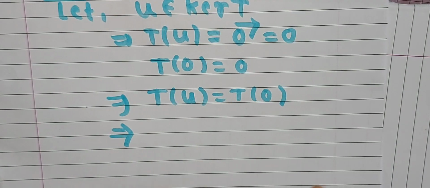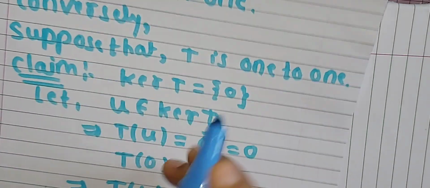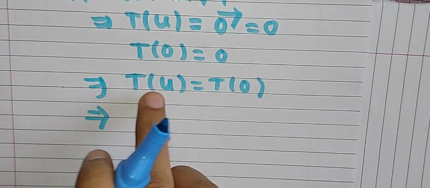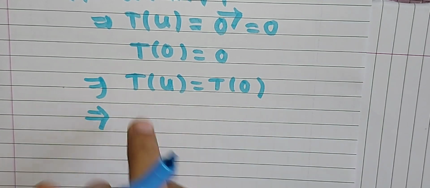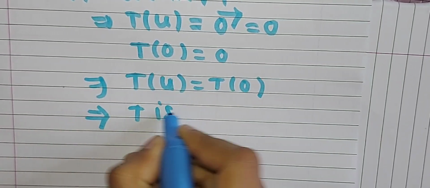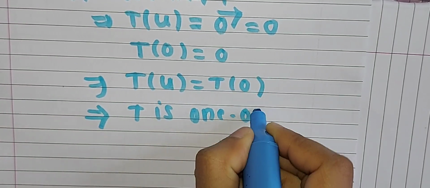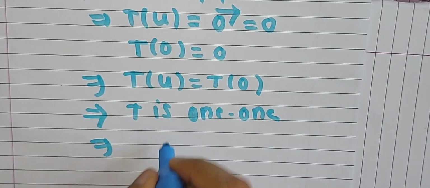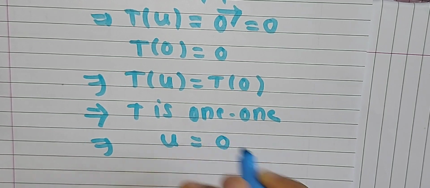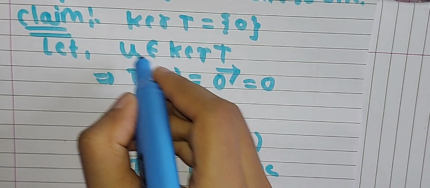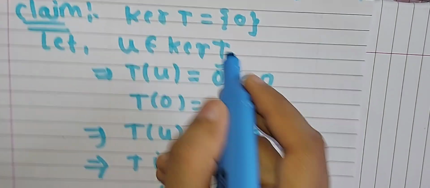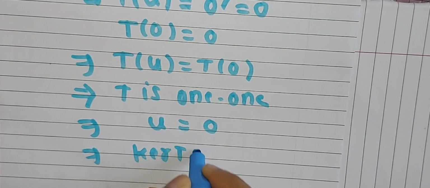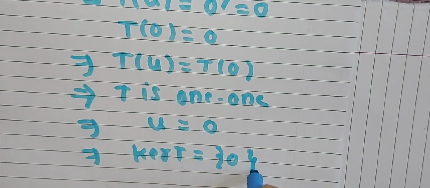But our given condition is that T is 1 to 1. So whenever T of something is equal to T of something and T is 1 to 1, it implies the elements are equal, that is u is equal to 0, and we considered u from kernel of T. So this set, kernel of T, is equal to singleton set 0. So this is your answer.